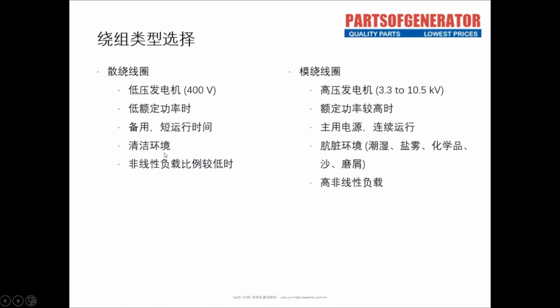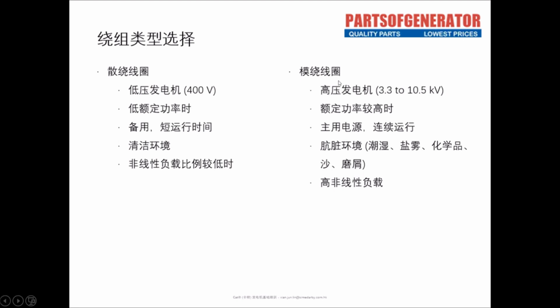The first is the low voltage generator, which is what we call a 400-volt generator. Its rated power is relatively small, and its application is a backup type. The running time is not very long and the environment is clean and dry.